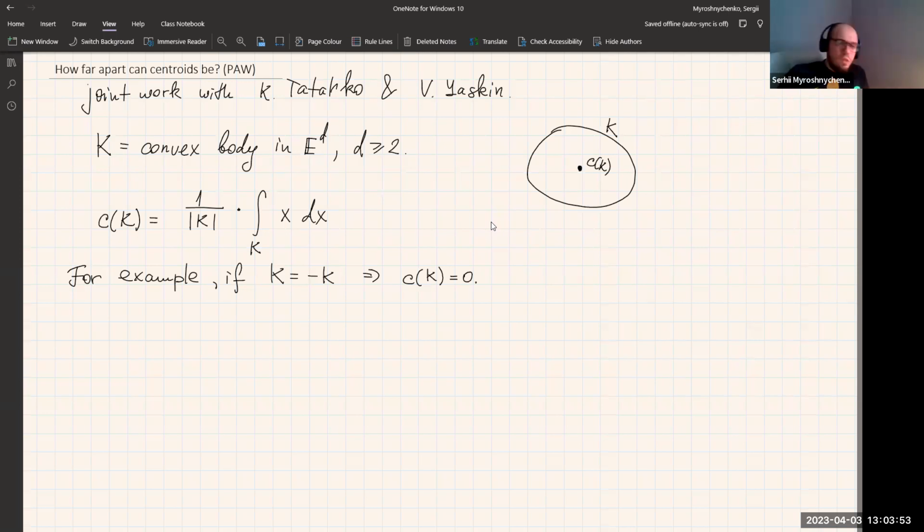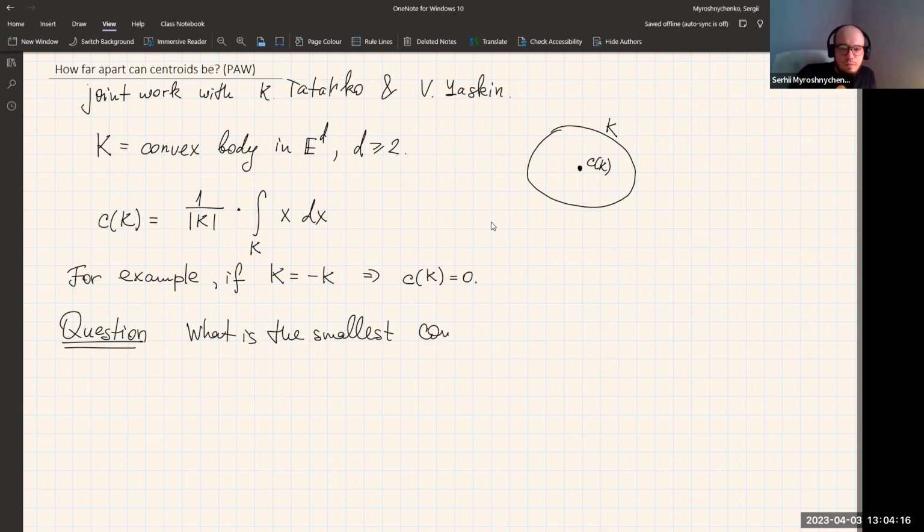Okay, so the main question that we were interested in is the following. Let me formulate it and then explain why it's so interesting. What is the smallest constant d that will depend on the dimension?